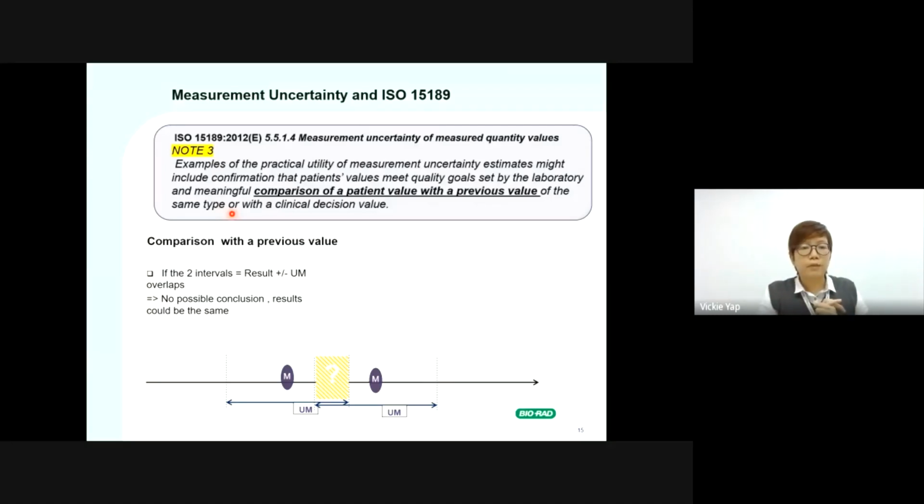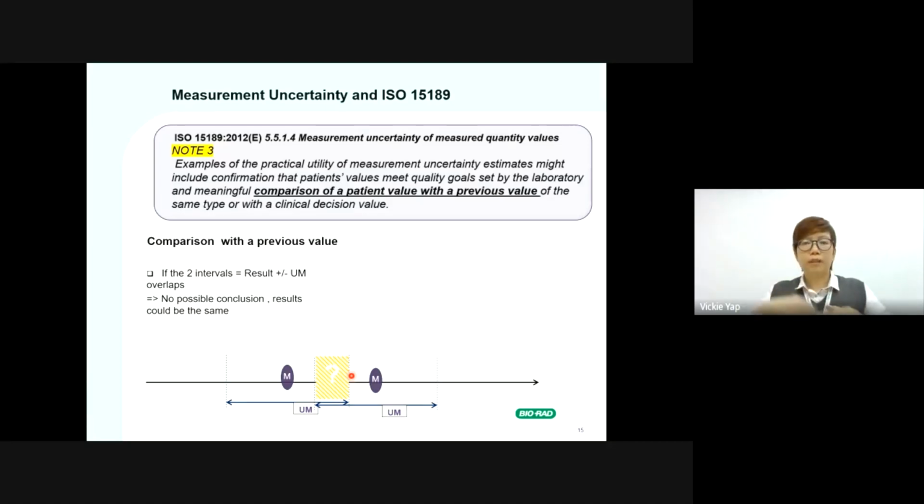Okay, so an example for this case. If the two interval results, plus minus MU, overlap, no conclusion is possible, or the results could be the same. Let's say this is my first reading, M, and when we include our MU, my reading could be from here to here.